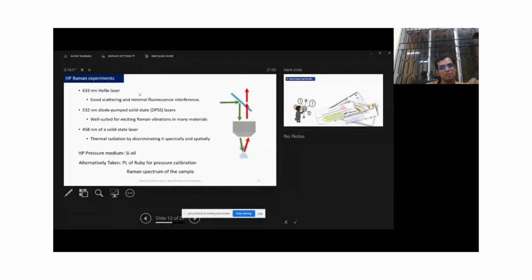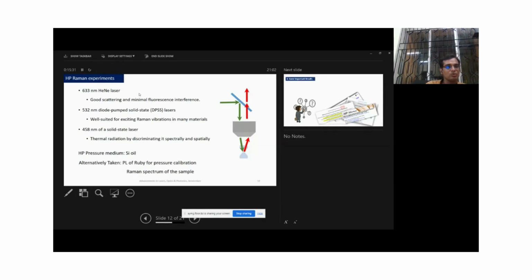Coming to the high pressure Raman experiments, there are many instruments, but I have used three lasers for my high pressure Raman work. The 633 nanometer helium-neon laser can be used for good scattering and minimal fluorescence, whereas the 532 can be used to excite Raman vibrations in a perfect manner.